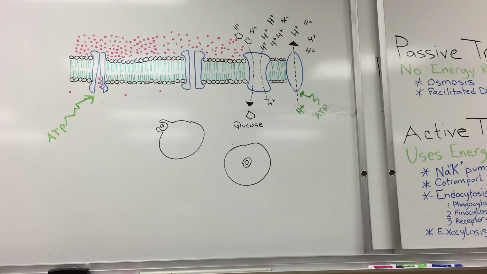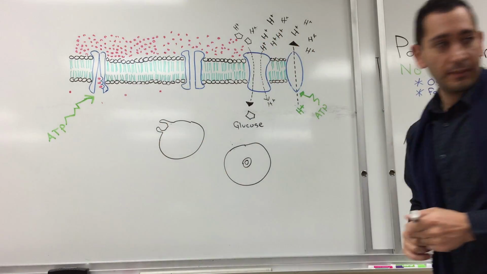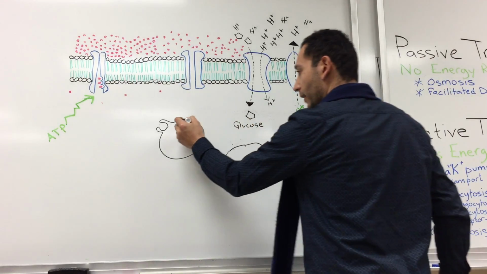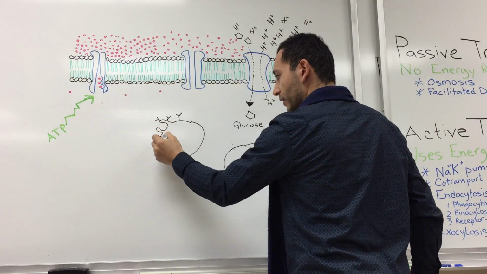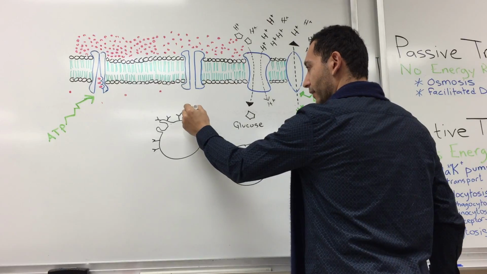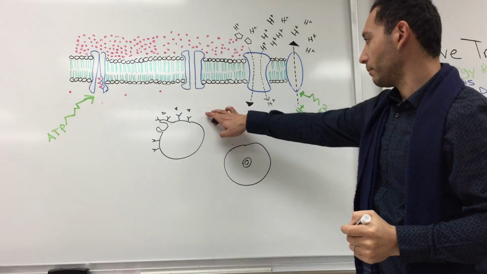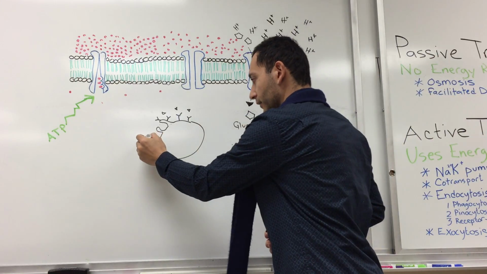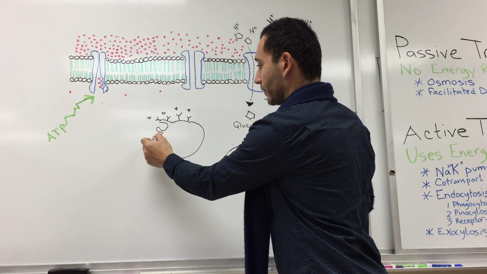And finally, receptor-mediated endocytosis, you would have the same sort of thing, except now you have these little receptors all along the plasma membrane, and you have these fitting little molecules. When the receptors bind to these molecules, these little ligands, the cell begins to engulf and take in.